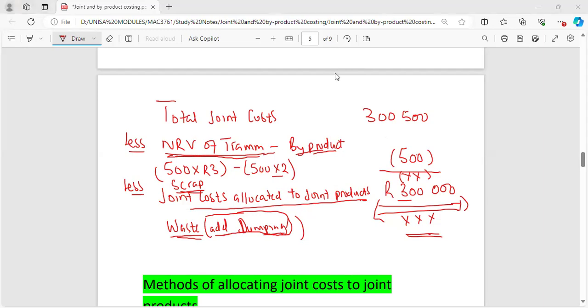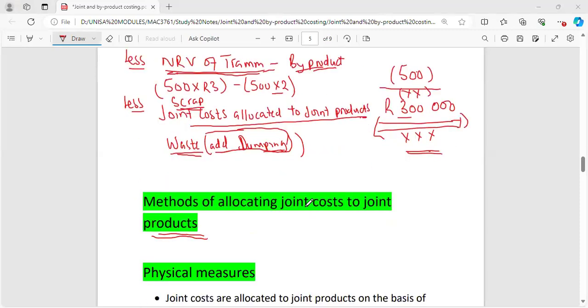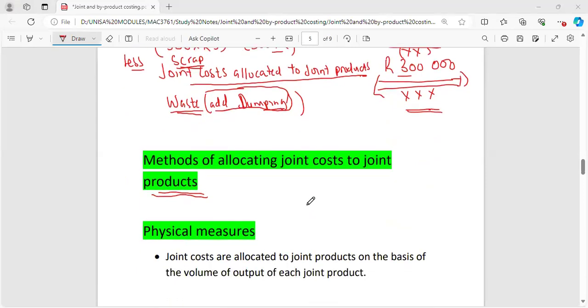Any other question before we go to the methods of allocating the joint cost to joint products? Anyone with another question? Right, so let's look at methods of allocating.